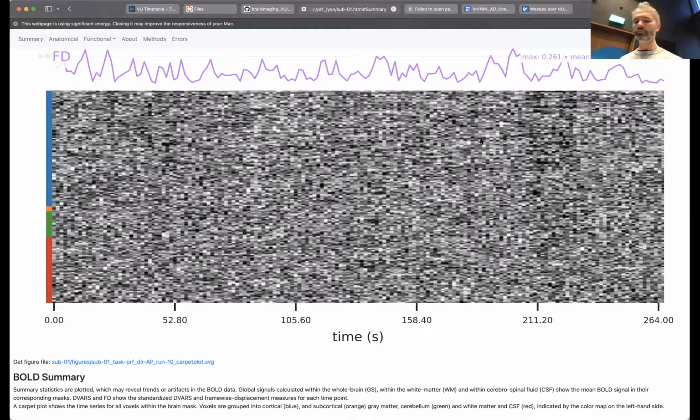And what you see here is that even though I was reasonably still, right, and I pride myself on being a good subject because I know how bad movement is, you see, for example, around, let's say 90, so that's here, right, you see that I moved a bit here, and you can actually discern a line right through this graph, meaning that very slight movement of my brain caused signal changes throughout the entire brain.